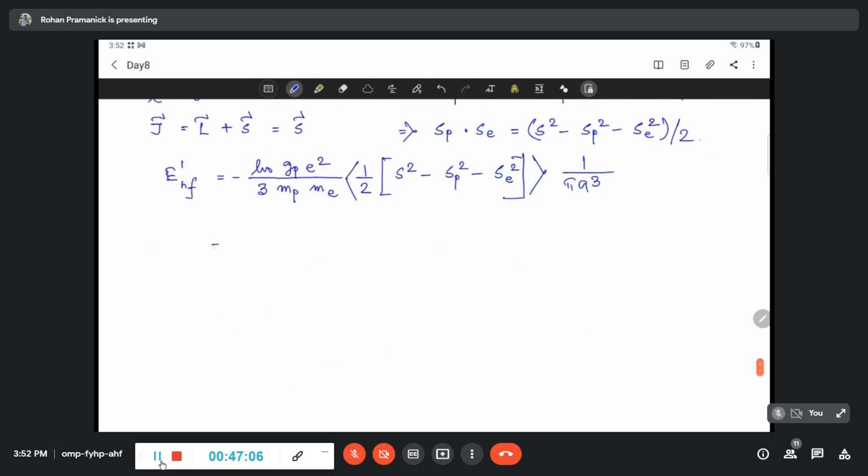So this is minus mu naught g_p squared over 3 pi m_p m_e a cubed, and then we have half.